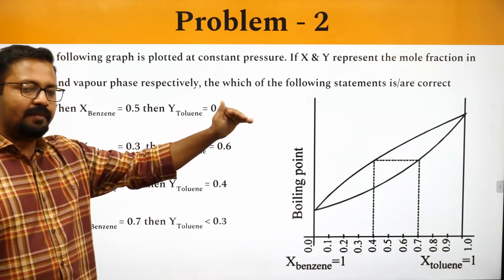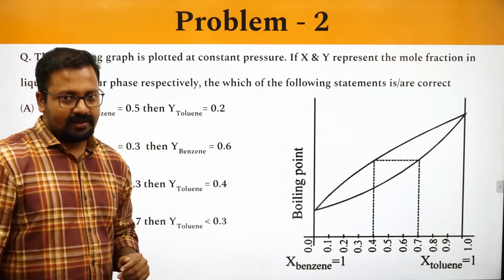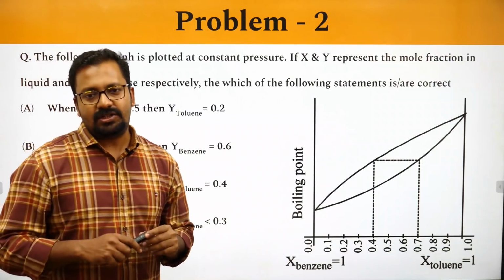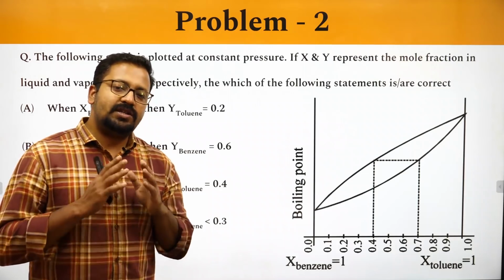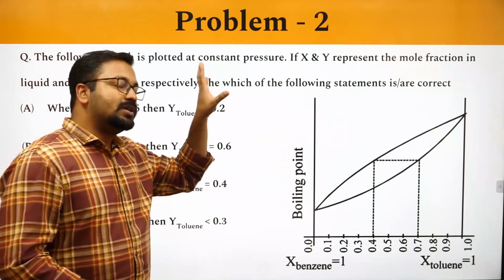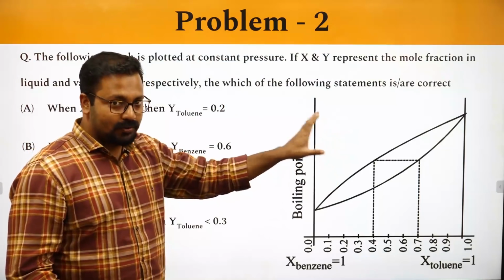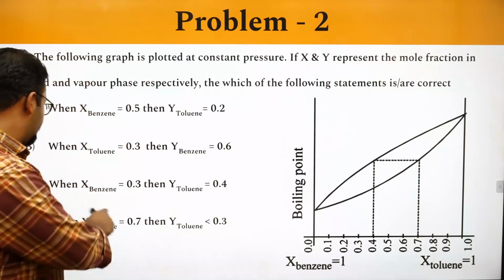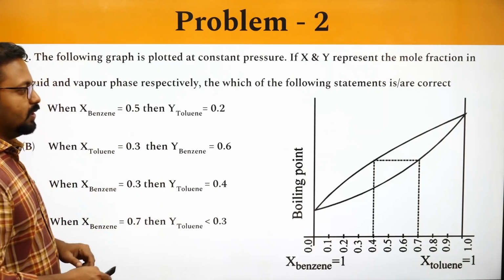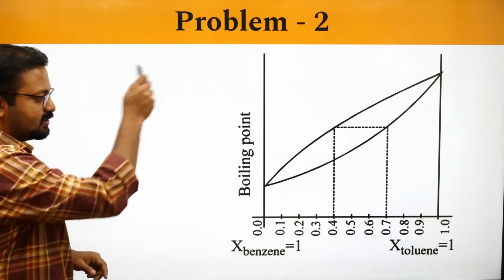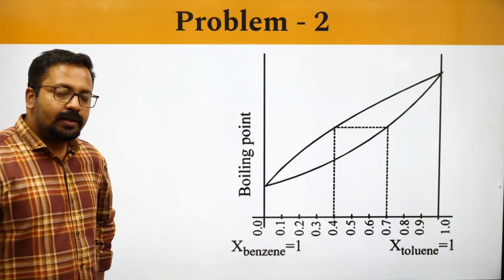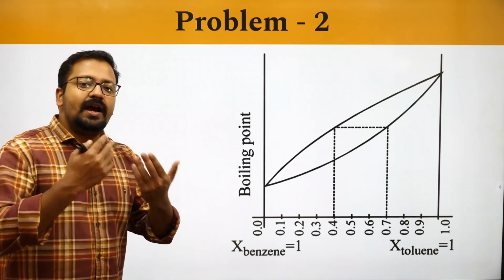लेकिन इस plot में हम infer क्या करते हैं? Now, if you have heard of a term known as fractional distillation, then in fractional distillation we separate two liquids by utilizing this property, using this plot. How do we do that? Let's find out. So what we do is, let's use this plot. In fractional distillation, remember that we are distilling a liquid.